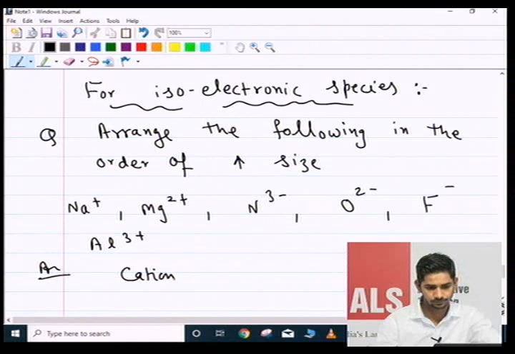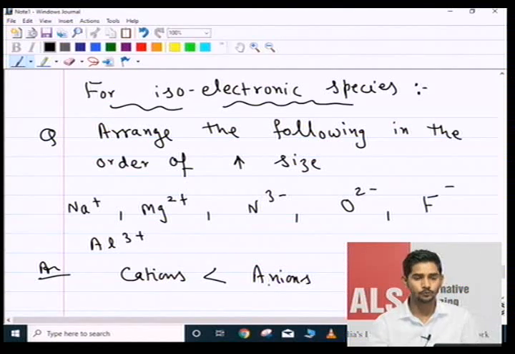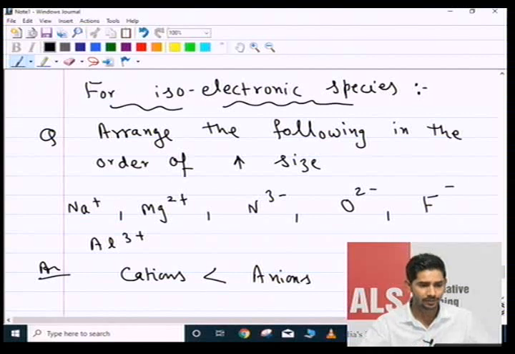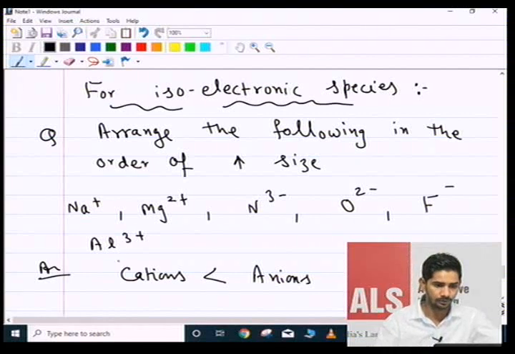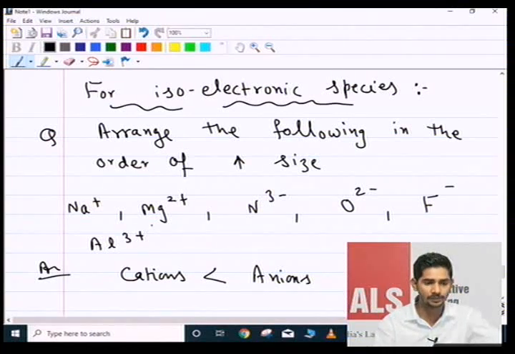cations will always have smaller size compared with the anions. So first of all, you can separate the cations and the anions, arrange the cations and arrange the anions, and then simply pair them. In the cations we have Na+, Mg2+ and Al3+.